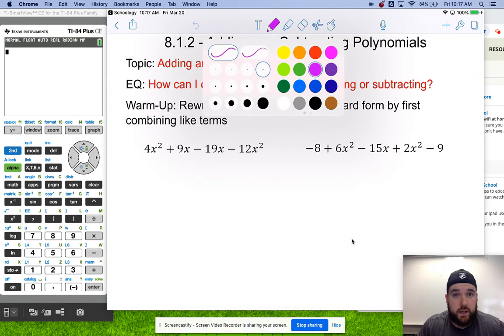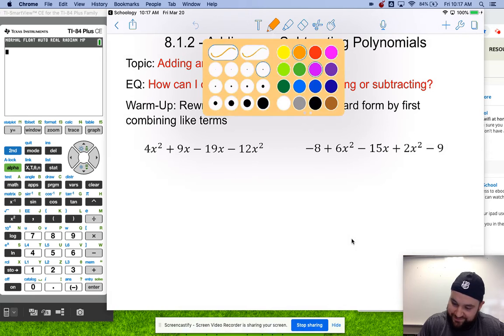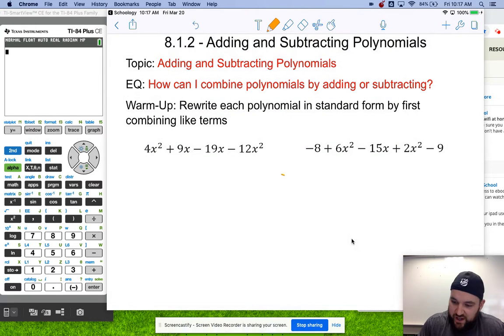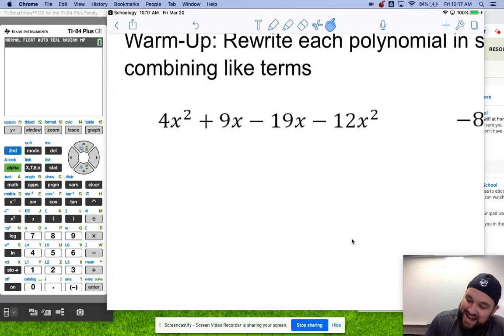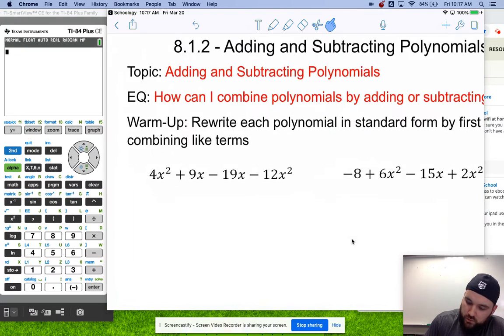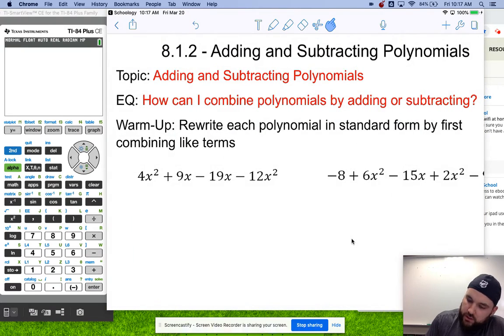So, yesterday we talked, or yesterday, that was weird. In the last video, we talked about combining like terms and classifying. So what we're going to do is rewrite each of these polynomials in standard form to remind ourselves.